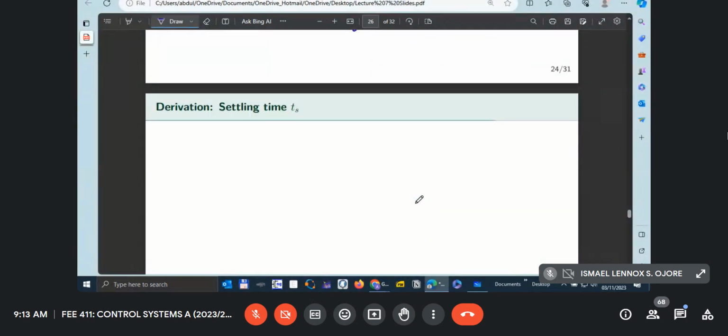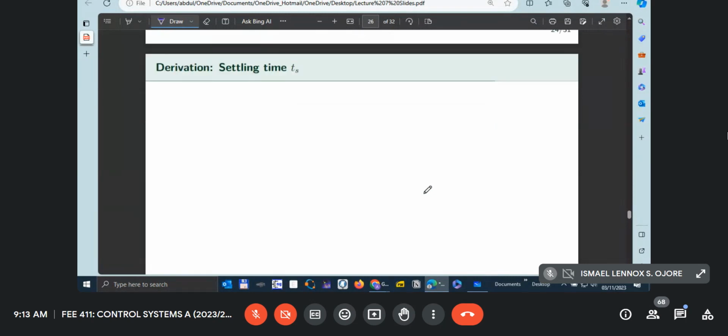So for settling time, this is similar. You can follow the same approach, but here you need to use the envelopes, but the formulas are the same.